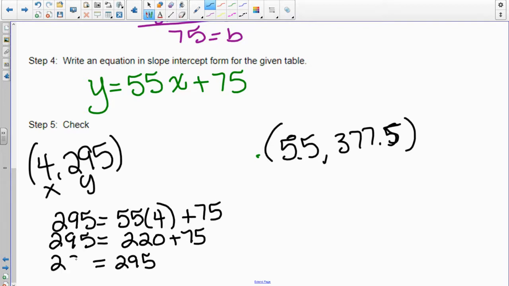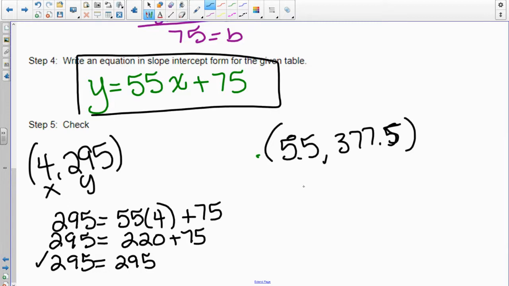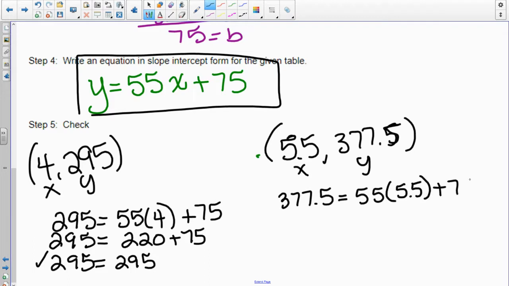So I can guarantee that this point that I picked off the graph does work in this equation. Second one. So my y is 377.5 equals 55, which is my slope, times my x value in this one, which is 5.5, plus 75, which is my y-intercept.